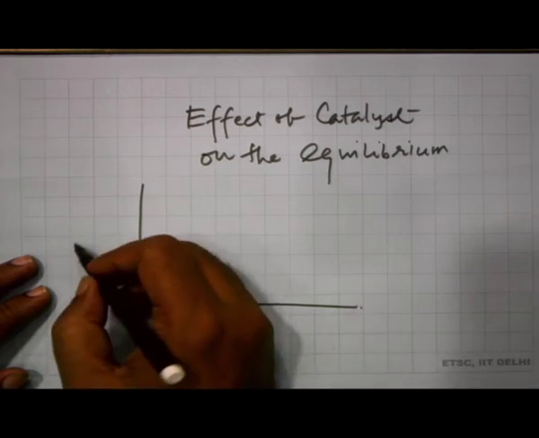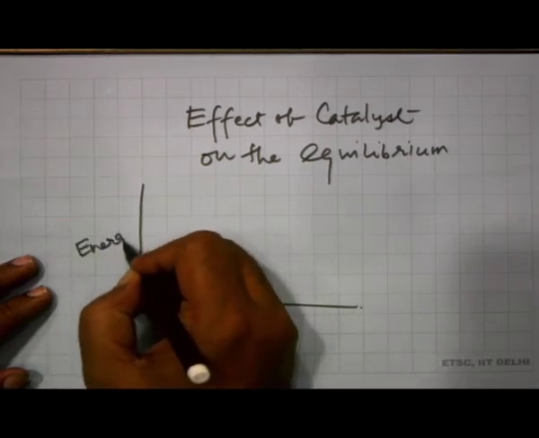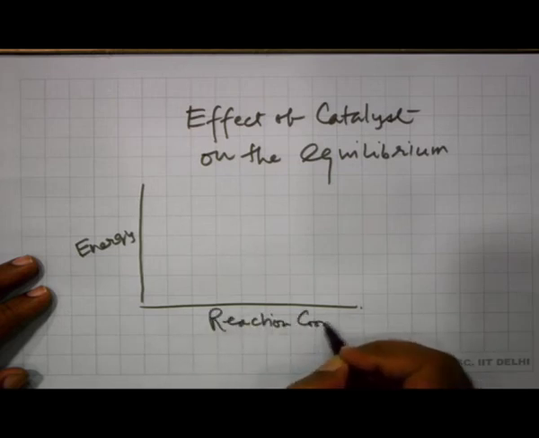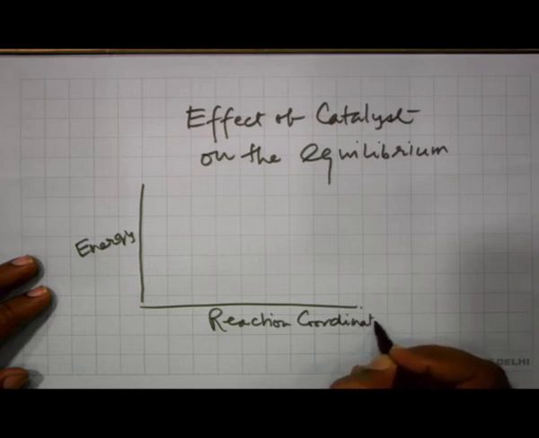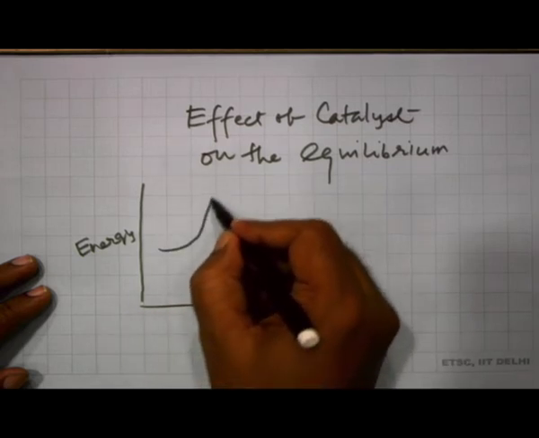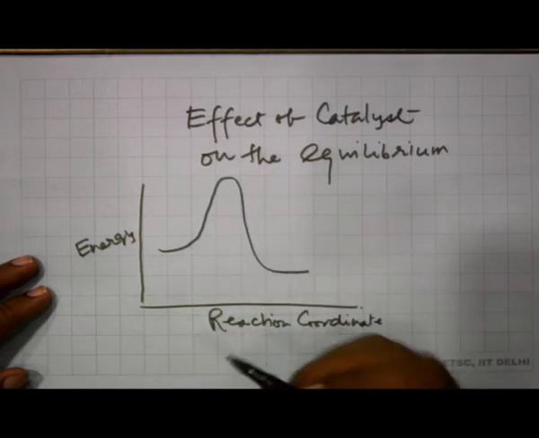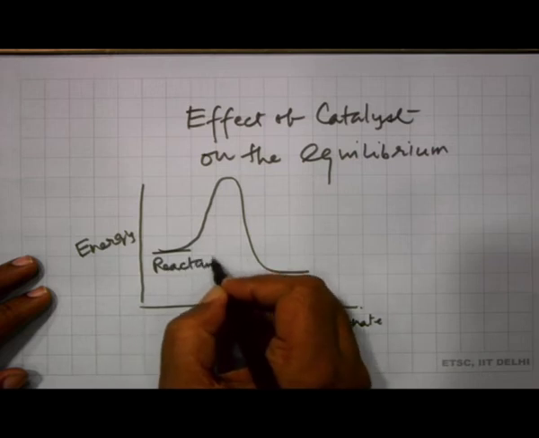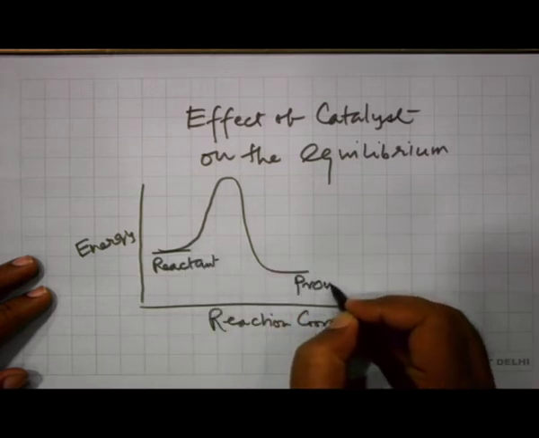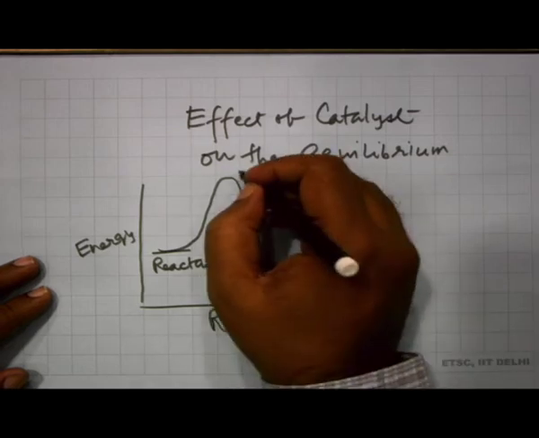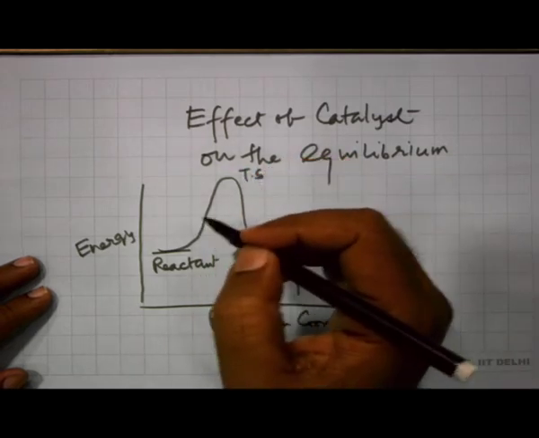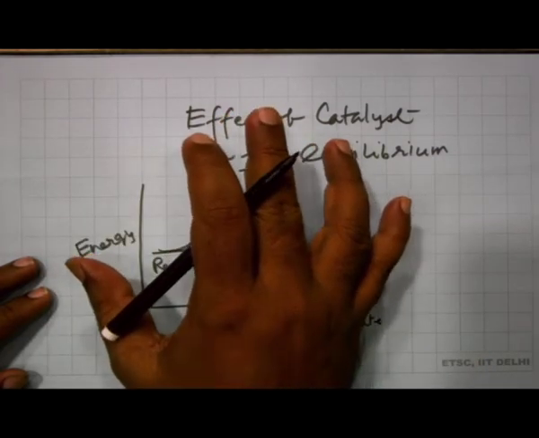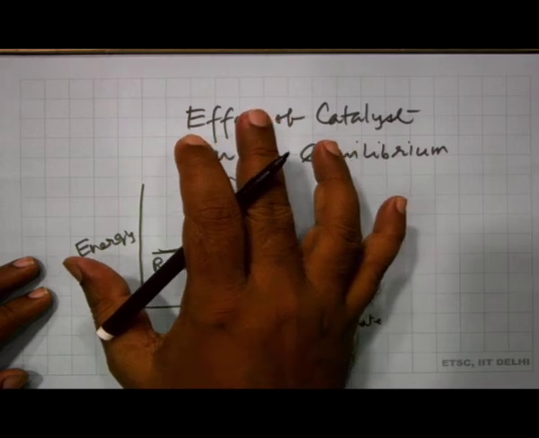We know this is the potential energy or energy versus reaction coordinate. This is the kind of shape we get. This is your reactant, this is your product, and this is the transition state.